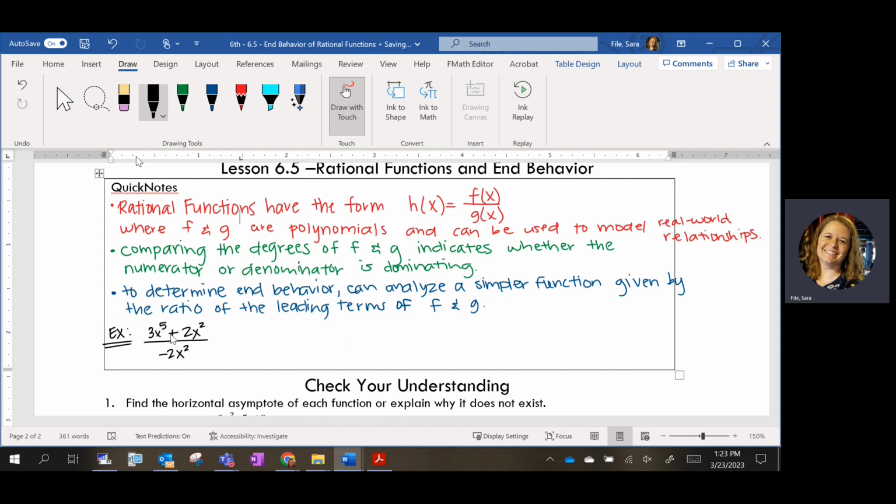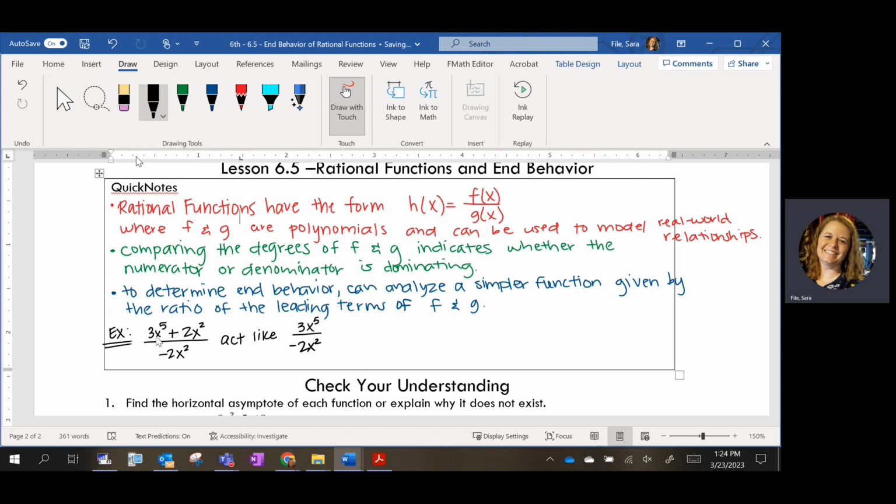But we can figure out what the ends of the graph, the very far left and far right, will be doing, because this is going to act like just the 3x to the 5th over negative 2x squared would. All of the other terms in either polynomial don't affect the end behavior.